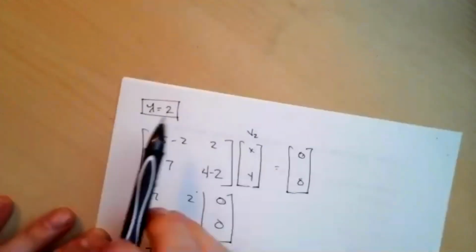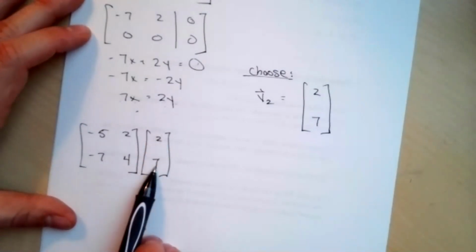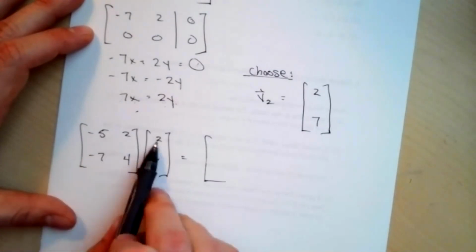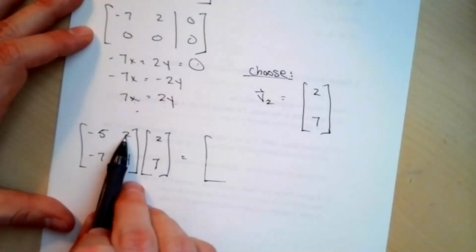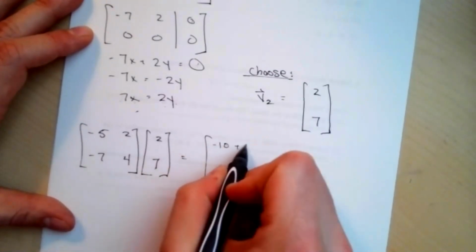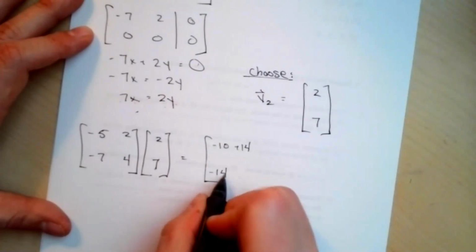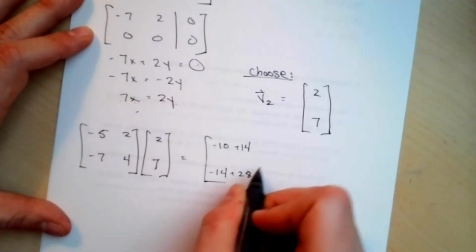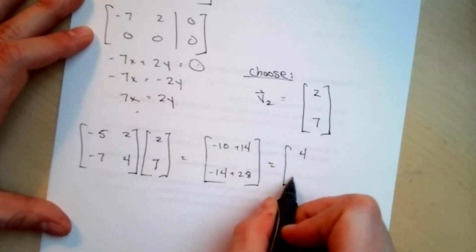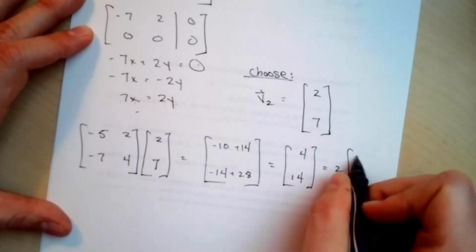Now, our eigenvalue is 2. So we should get 2 times this vector. We should get 4, 14. So minus 5 times 2 is negative 10, plus 14. So far, so good. Negative 14 plus 28. So what do we get? Exactly what we want.